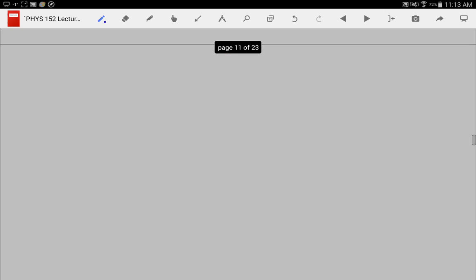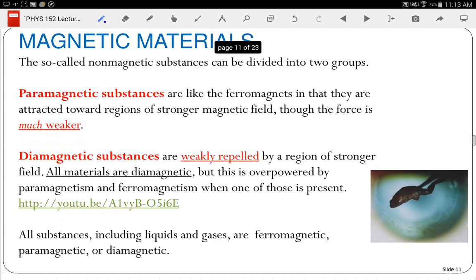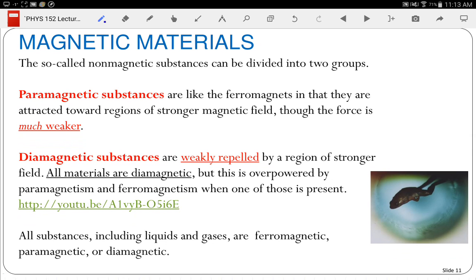So that's ferromagnetic materials. But they're not the only magnetic materials. We also have paramagnetism, which is a really weak action like ferromagnetism. Ferromagnetic materials, you have a strong attraction between north and south.